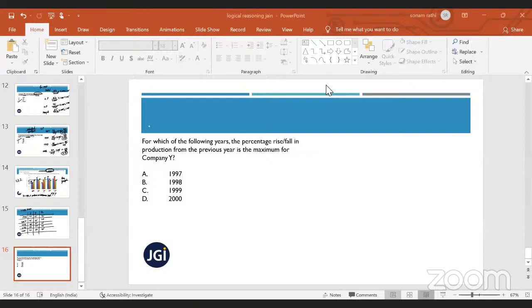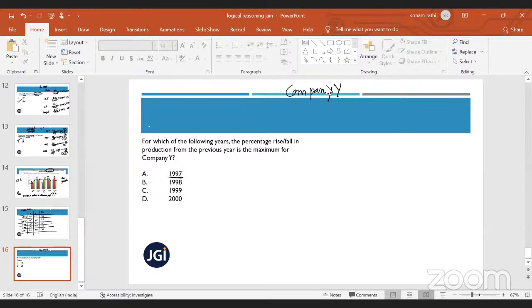For which of the following years is the percentage rise or fall in the production from the previous year the maximum for company Y? So for company Y, we will check each year with the previous year.